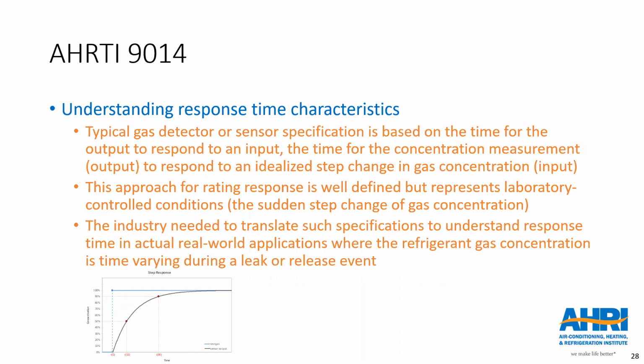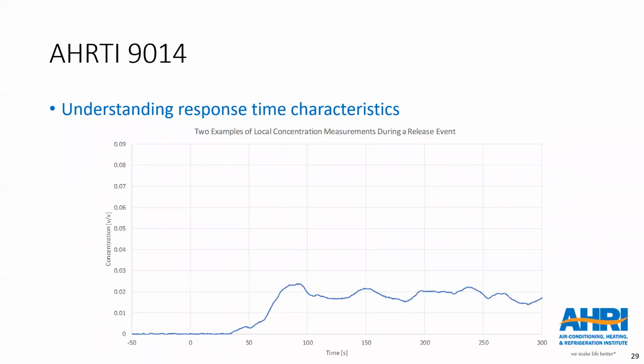However, in actual real-world applications where there is a refrigerant leak or release, they're known to have a refrigerant gas concentration that locally at any one point in space varies over time as the refrigerant disperses and turbulence creates eddies and mixing with air. So next.